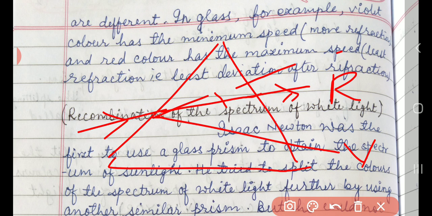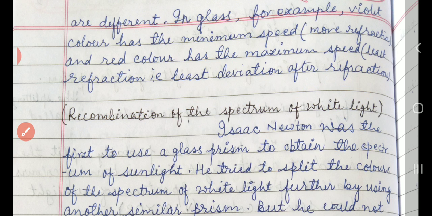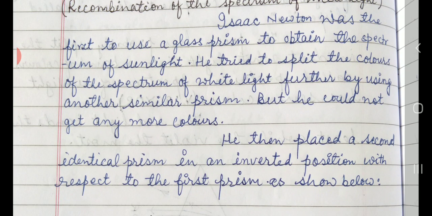But the wavelength of violet light is very short, that is why its speed will be much lower in the glass prism and it deviates more. This is the deviation of violet. So violet deviates more, whereas red deviates least.